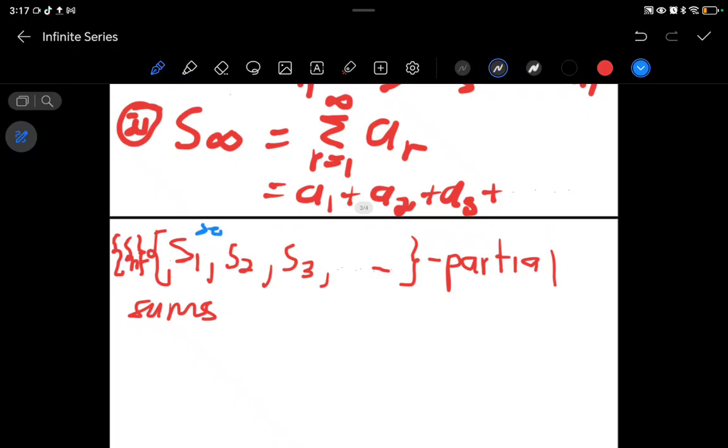The reason why I'm calling it a sequence of series: you know that this S stands for the series, and this Sn will stand for the sums, and these brackets will stand for a sequence. So I'm saying that this is a sequence of series.